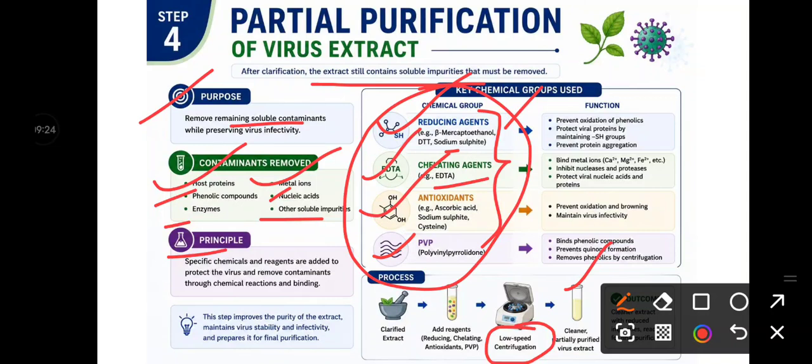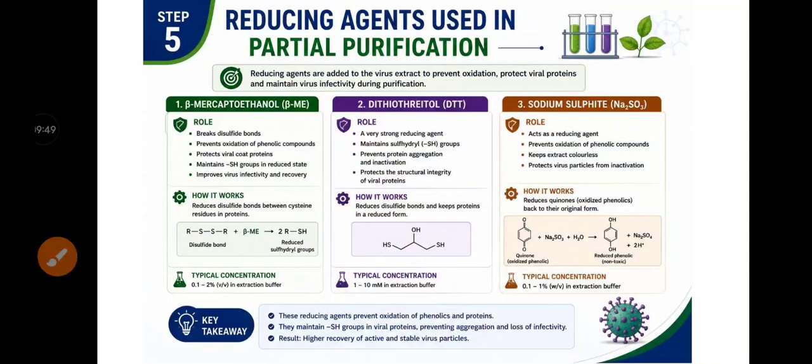Okay, in the clarification step we use the organic solvent, but in partial purification we use reducing agents, chelating agents, antioxidants, PVP. So many types of chemicals are added to retain the virus infectivity as well as to remove the soluble impurities. So let's discuss the chemicals or reagents used in the partial purification step with their function.